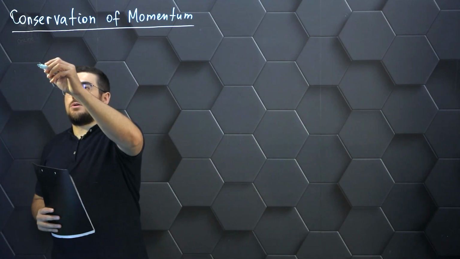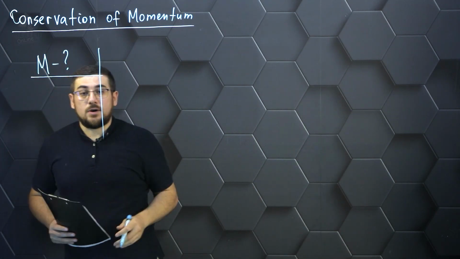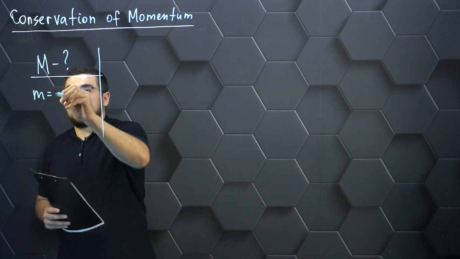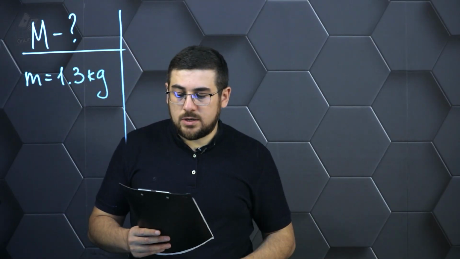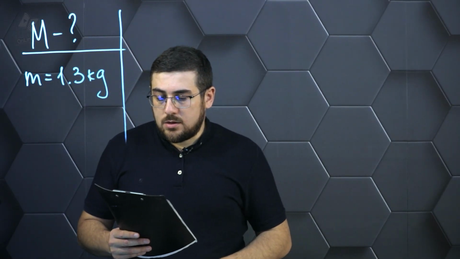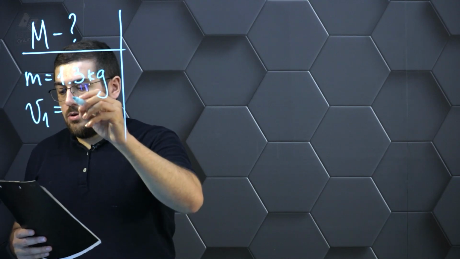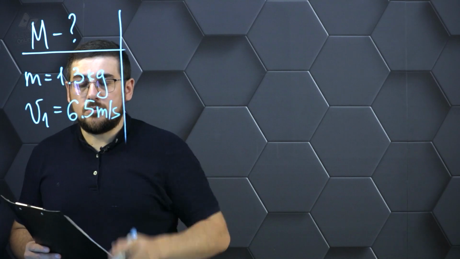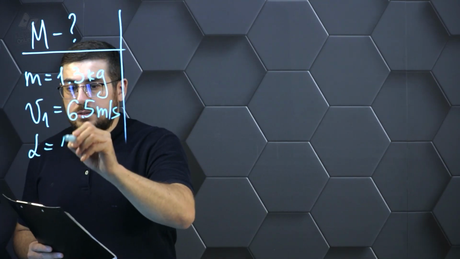So, the mass of the hockey player we can denote as m large. I take into account that we have here two objects. The small one is a bag with a mass of 1.3 tenths of a kilogram, and the hockey player can be labeled by the letter m big. So we know that he throws the bag with a velocity of 6.5 meters per second, and the angle of throw here is 11 degrees to the horizon.